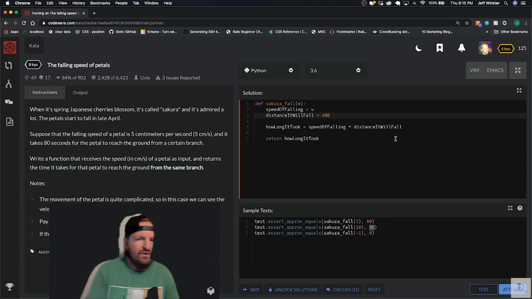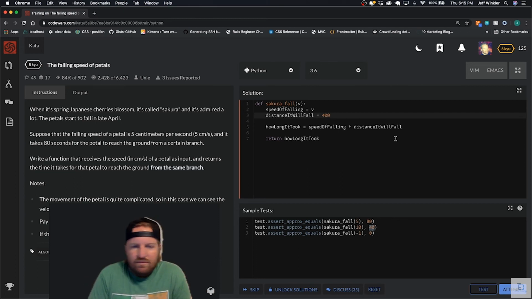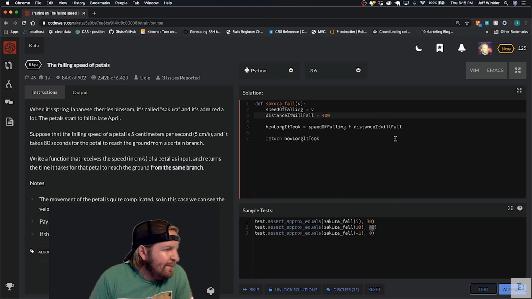Alright, what am I doing wrong? Suppose the falling speed of a petal is 5 centimeters per second. It's falling, so that's 400 centimeters.